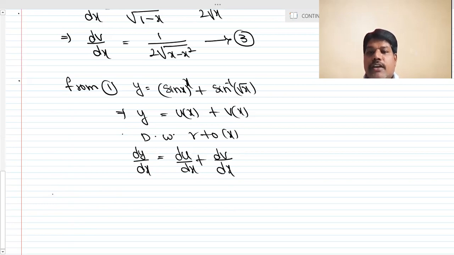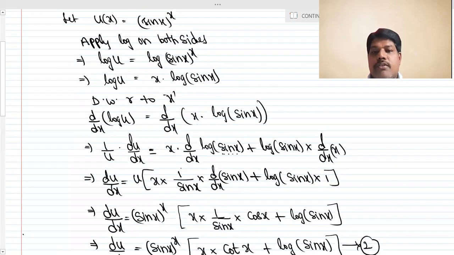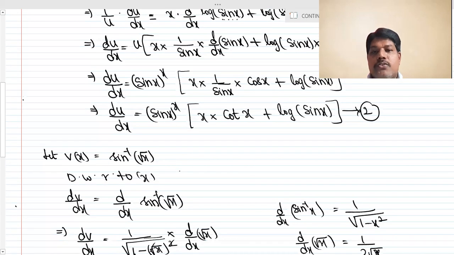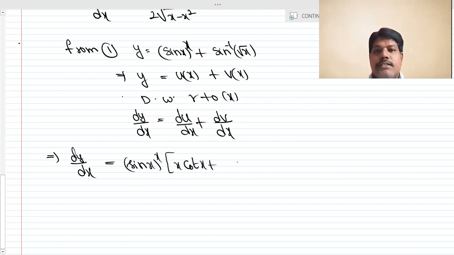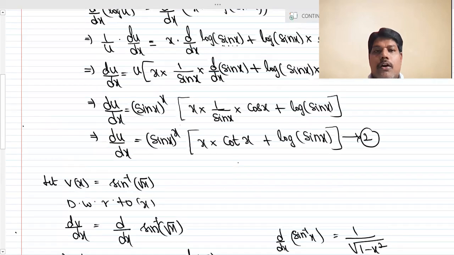Therefore, that implies dy by dx is equal to, what is the du by dx, students? See that from equation number 2. Sin x power x into x cot x plus log of sin x.